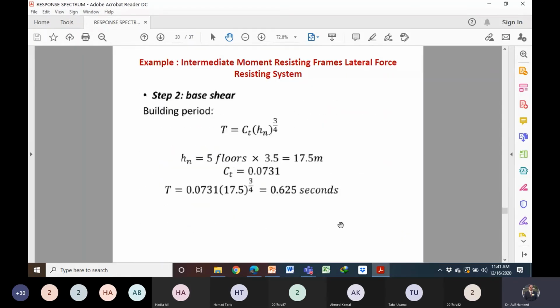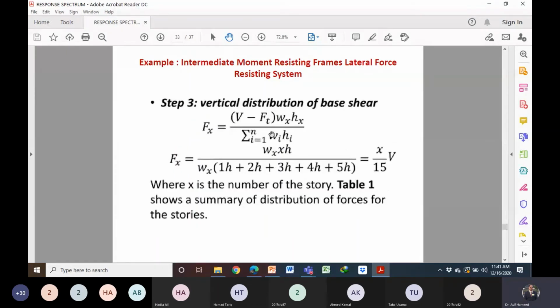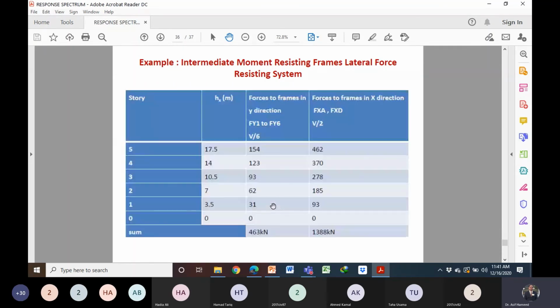Which formula? This formula again. Again, if you simplify for each frame, you will have the similar expression x over 15 into V, and now V is the base shear at the base of each frame. Again we can distribute vertically along the frame by using the similar procedure.